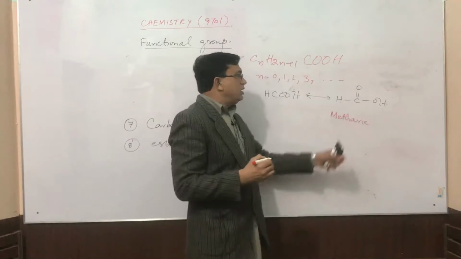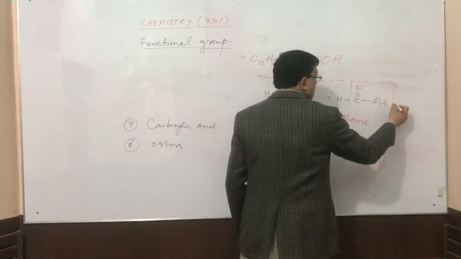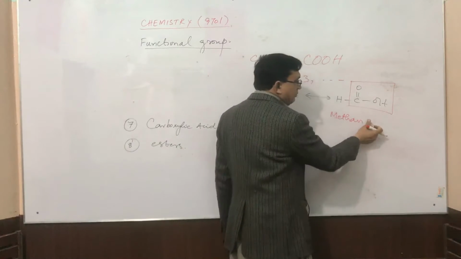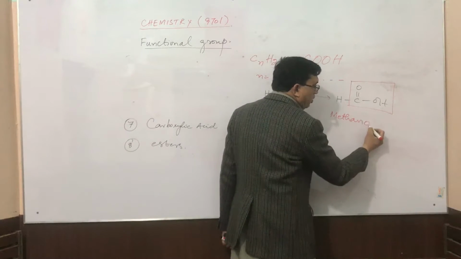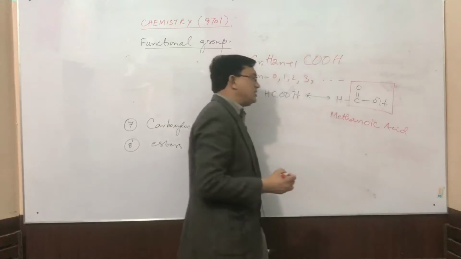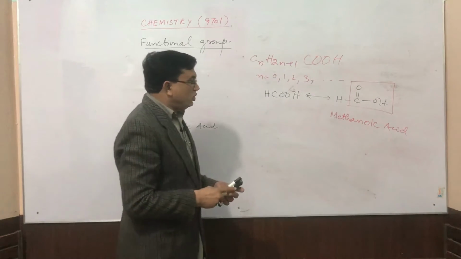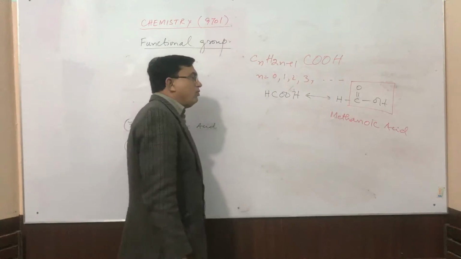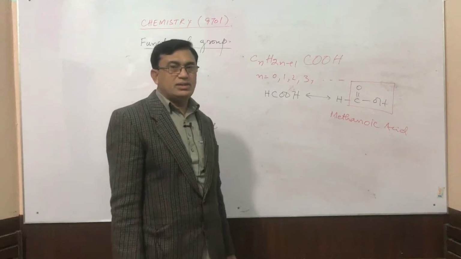But due to this functional group present, we will remove this E and add OIC acid. So if we combine all these words, the name of this organic compound becomes methanoic acid.